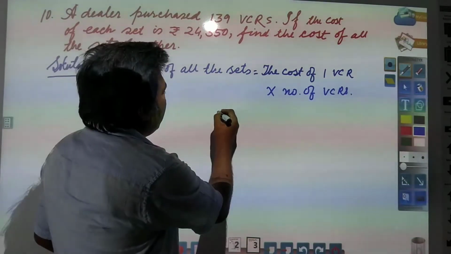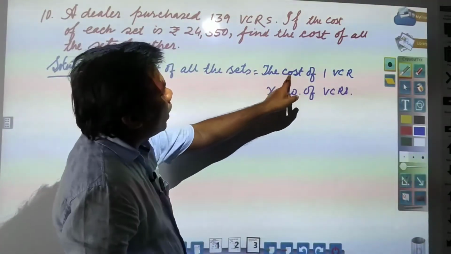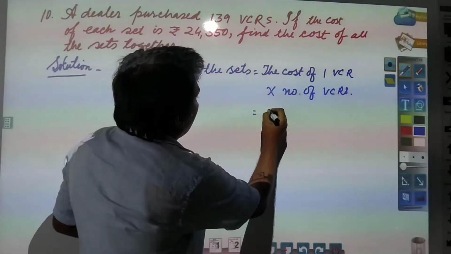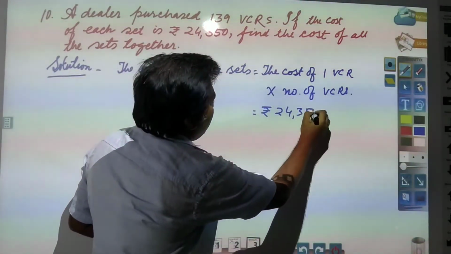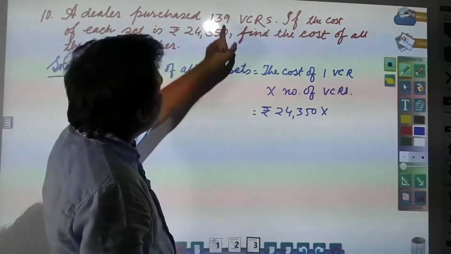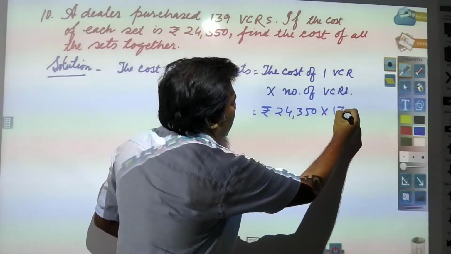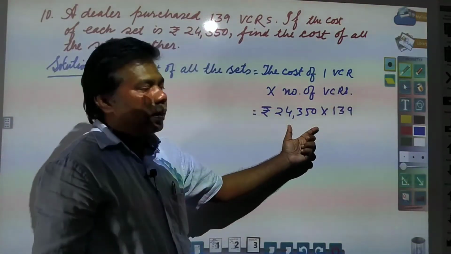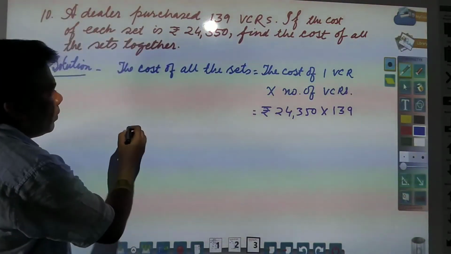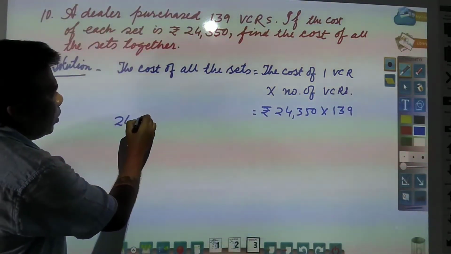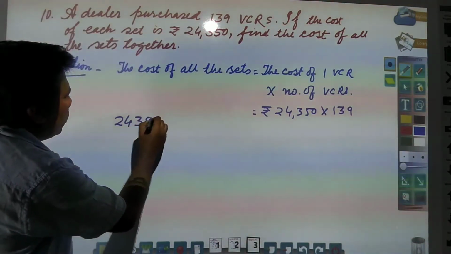So this will be how much? The cost of one VCR is what? 24,350 into the number of VCRs, 139. This is required to be simplified. Just you need to multiply this. Just multiply it in rough somewhere, 24350.